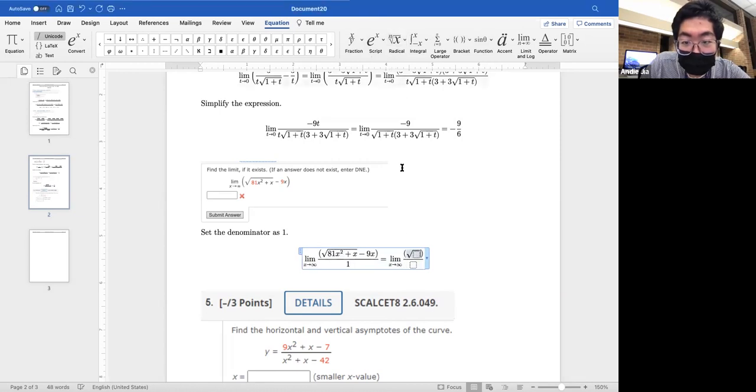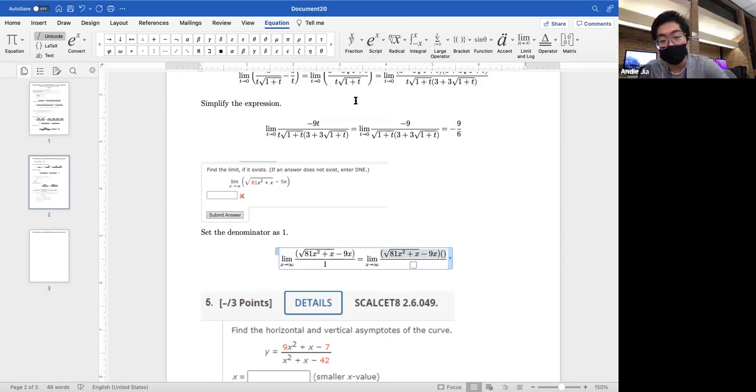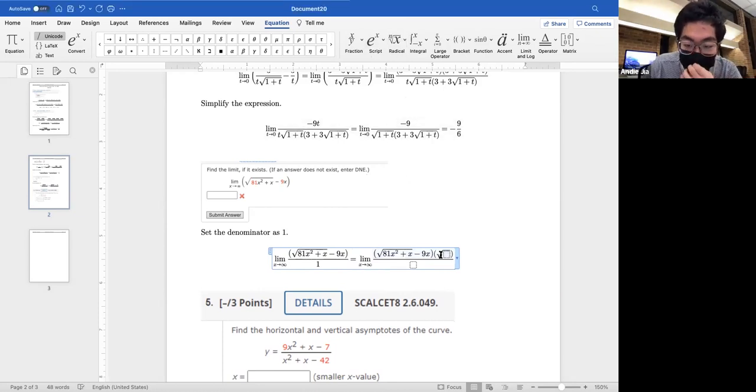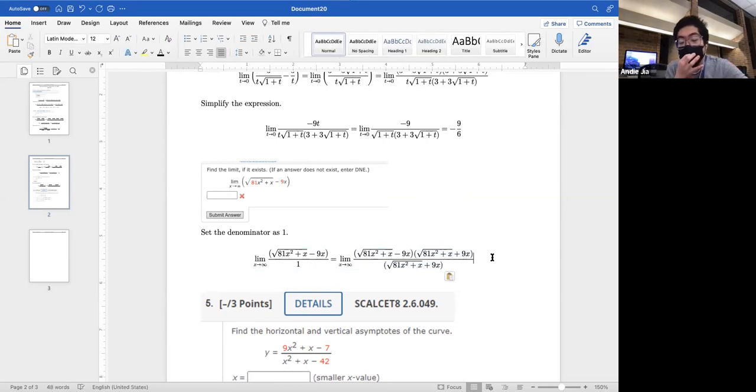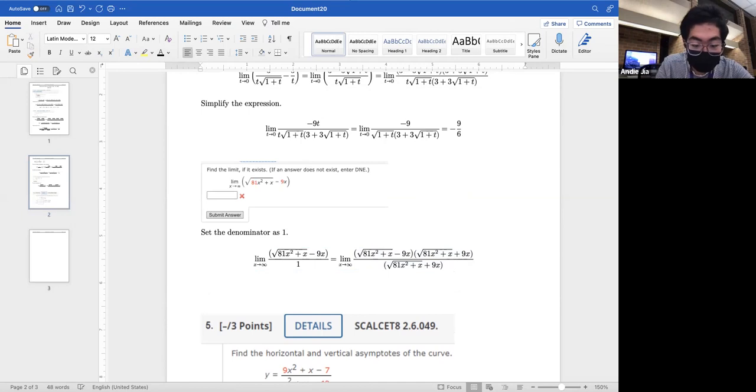I know I'm just typing this. It takes time just to conjugate. And then just conjugate the numerator, leave the denominator alone. And then make sure to do the conjugation, plus 9x at the bottom of this, and do algebra simplification.